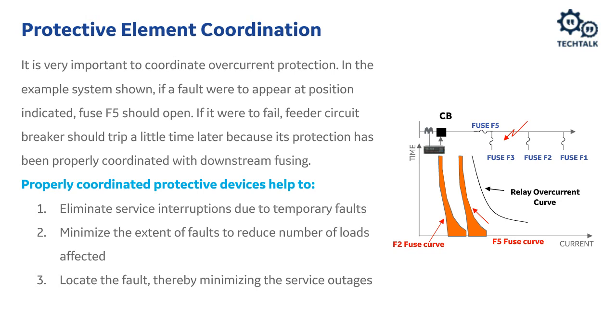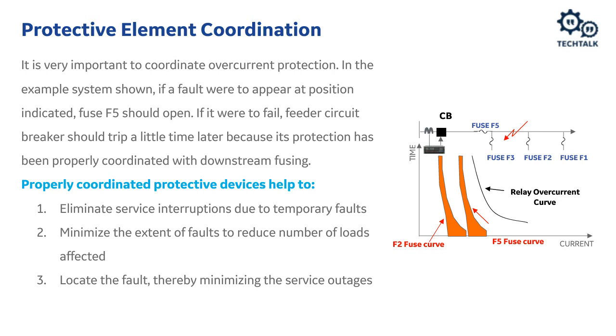Likewise, I want the fuse at F5 to totally clear the fault before I start to infringe on the relay overcurrent curve. In fact, I want some time between those devices to ensure some margin and make sure that I don't overtrip.